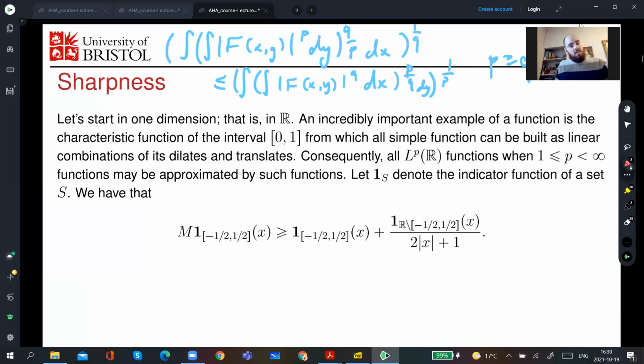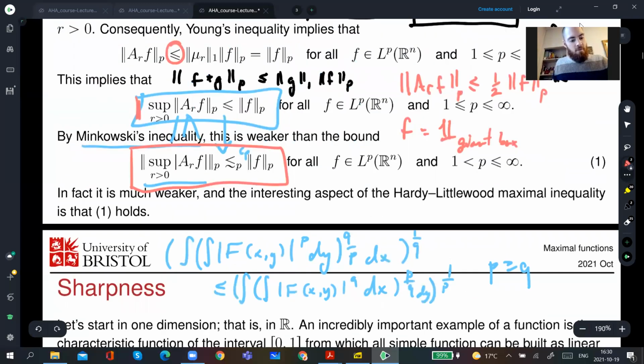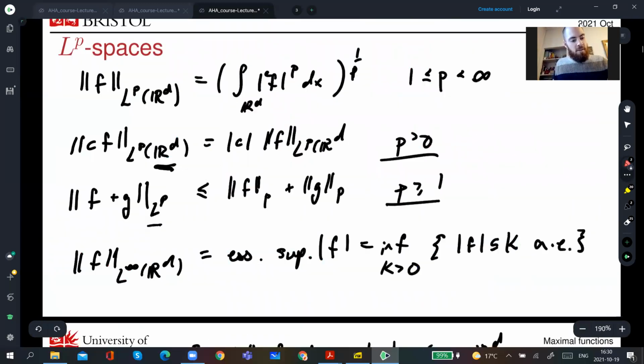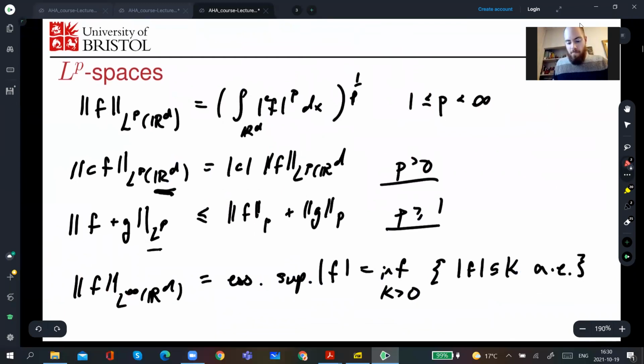I'm going to fix an honest function and I'll compute with it. Oh, one important point. For those who aren't familiar with LP functions, or haven't worked with them in a while, this is the LP space. I gave you the LP norm.